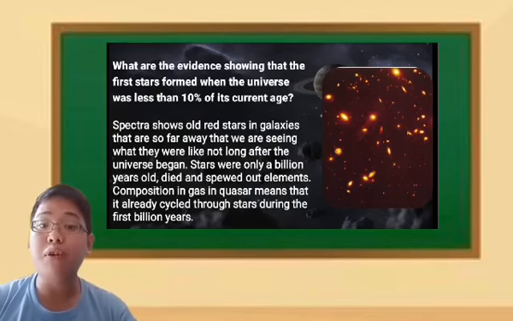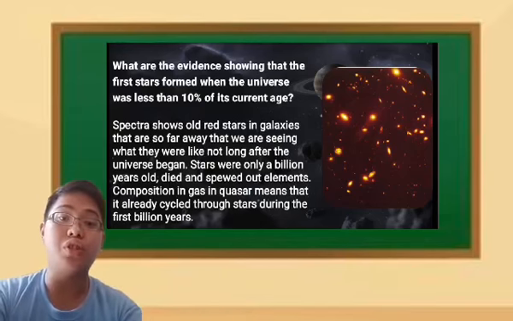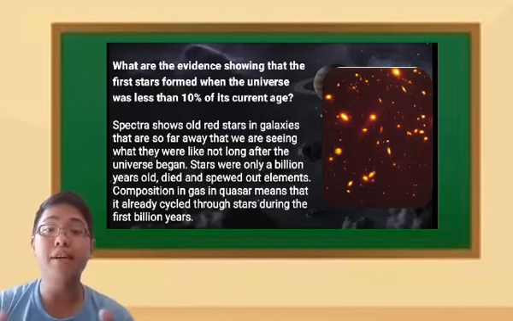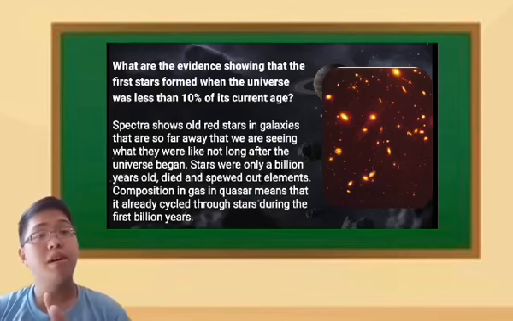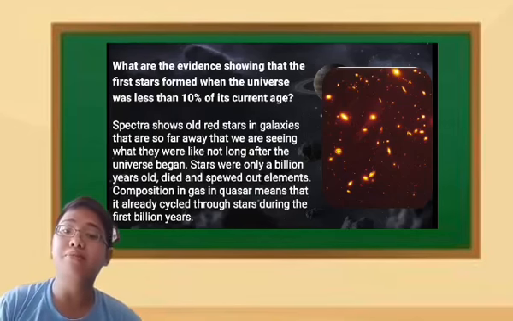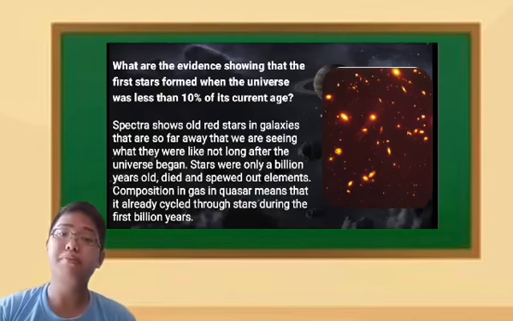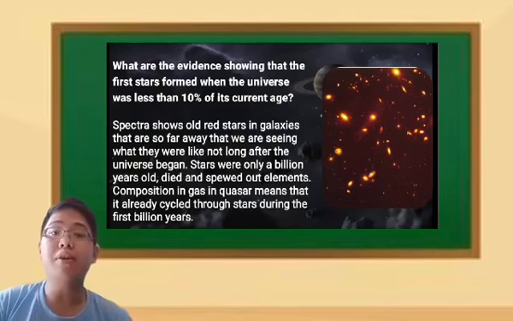Next, what is the evidence showing that the first stars formed when the universe was less than 10% of its current age? Spectra show old red stars in the galaxy. As you can see in the picture on the right side, those are the red stars. Spectra show old red stars in galaxies that are so far away that we are seeing what they were like not long after the universe began.